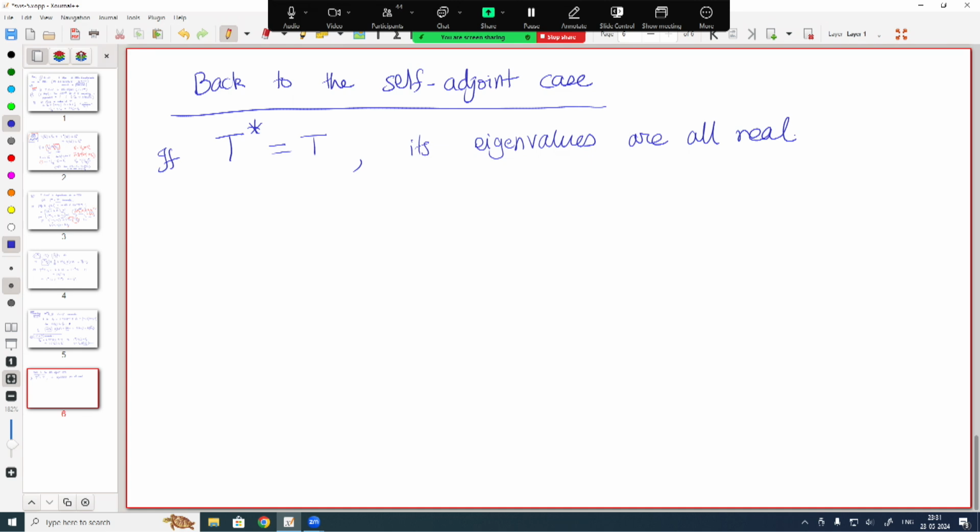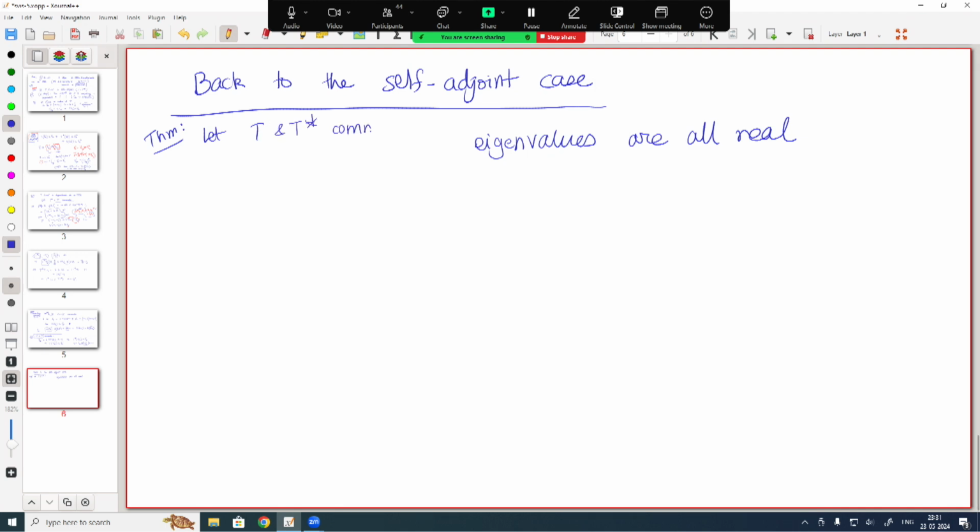Maybe I should even formulate it as a proper theorem. Let T be a normal operator. So, let me start with the normal operator. In what way are self adjoint operators special in the class of normal operators? So, let T and T star commute.